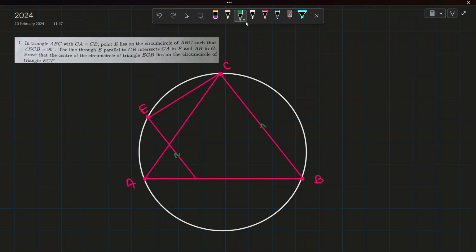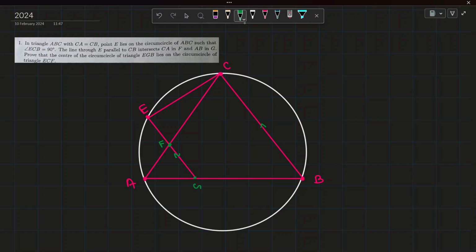This is the point F, and this is the point G. Prove that the center of the circumcircle of EGB lies on the circumcircle of triangle ECF.